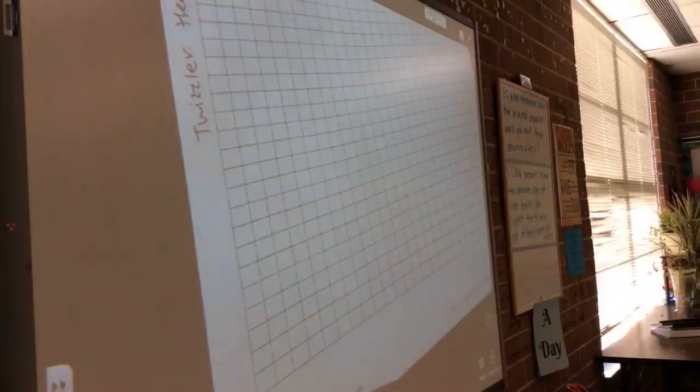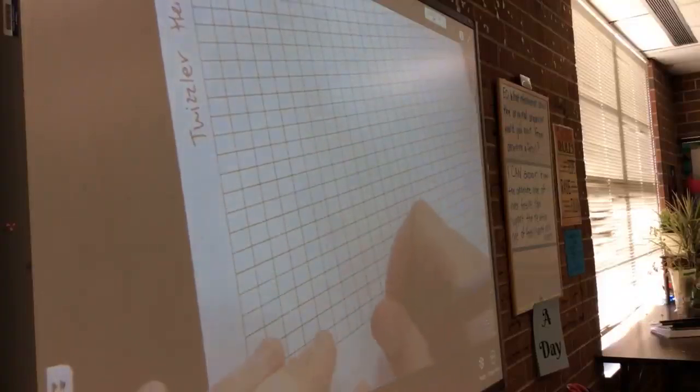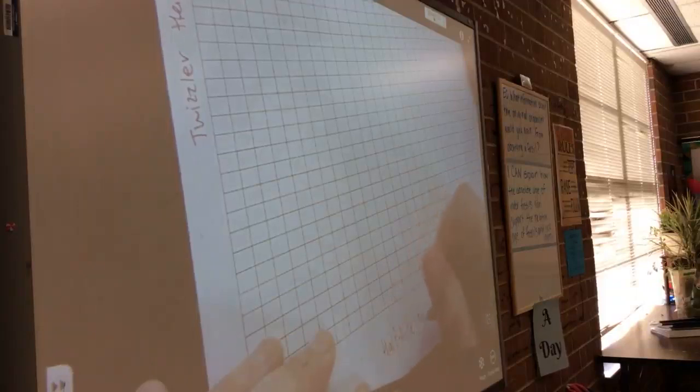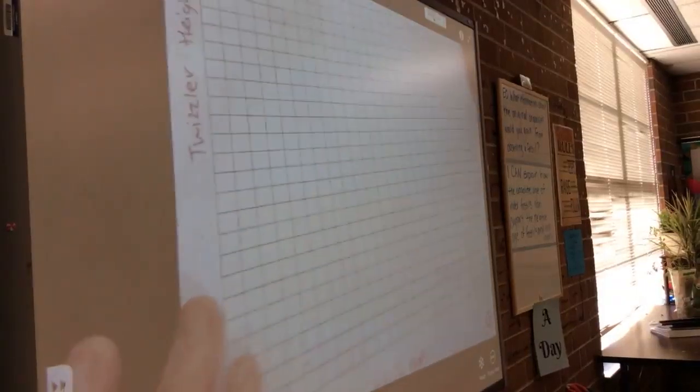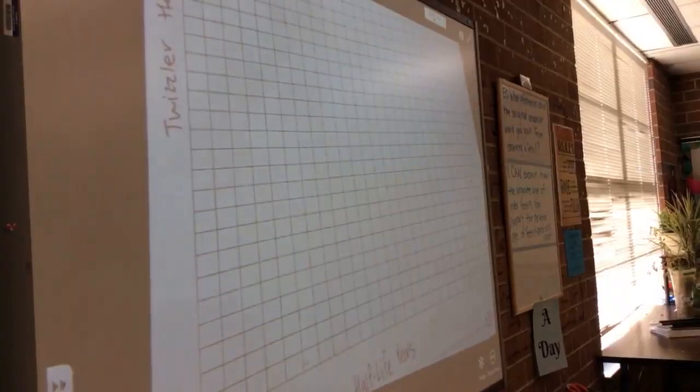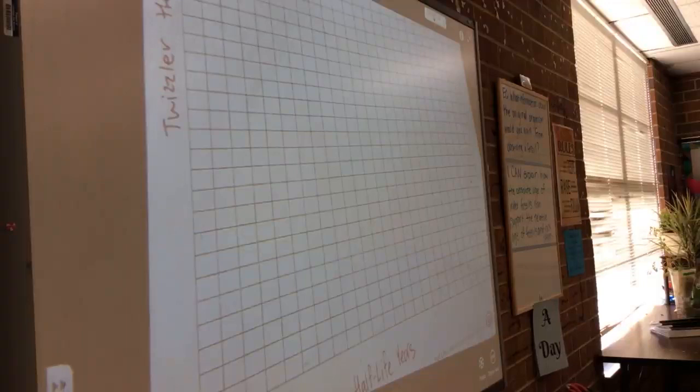On the bottom axis, I want you to write half-life years. Every group should have a calculator at their table somewhere. When I pass out the Twizzlers, do not eat them, because you're going to need them for an activity. Even if you eat them, you're not going to be able to do it.